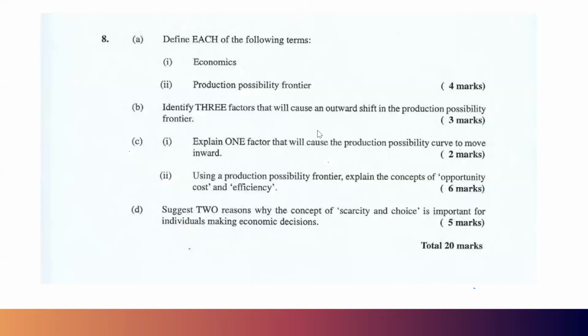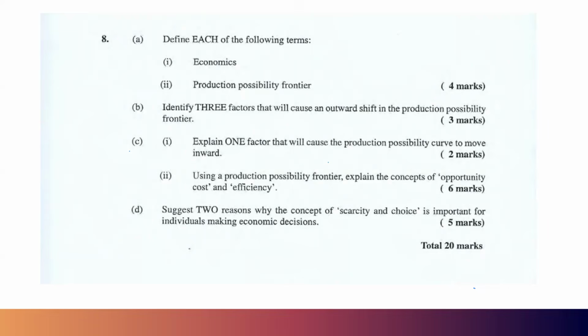Let's look at this question. Define each of the following terms. What is economics? Can anybody tell me what economics is? Economics is referred to as a social science that studies how individuals allocate scarce resources.